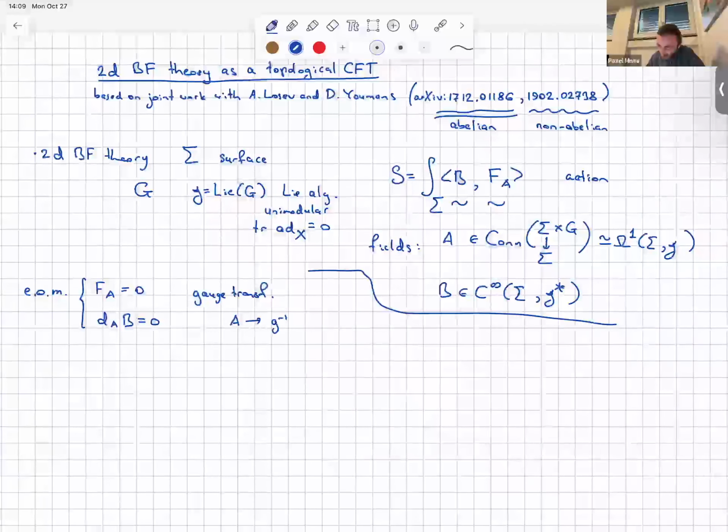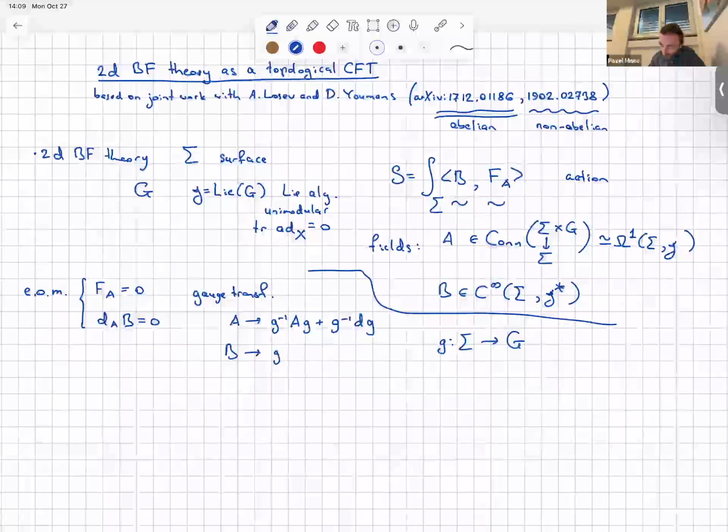For instance, the connection one-form transforms like that, with g a group-valued function on the surface, and B transforms just by conjugation. This is a schematic way of denoting the coadjoint action on the dual of the Lie algebra.